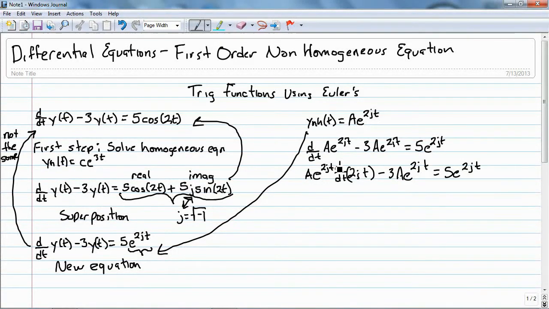And now you'll notice that I have to get this derivative. Well, what do I do with this j? Just assume j is like any other number, a constant, and treat it that way when you do the derivative. So the derivative with respect to t of 2jt is just going to be 2j.